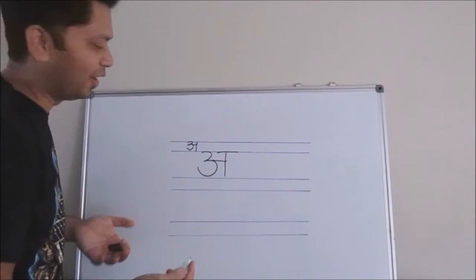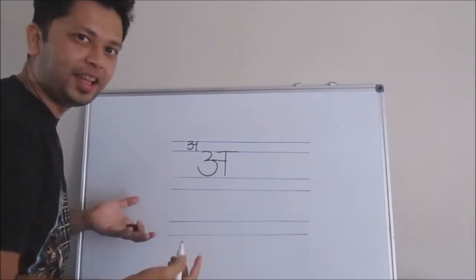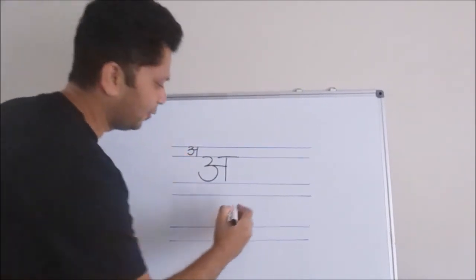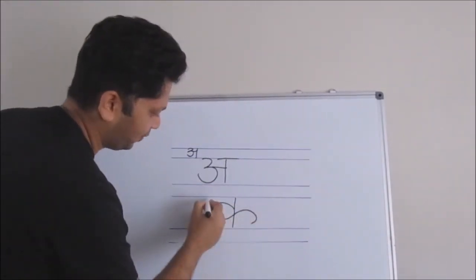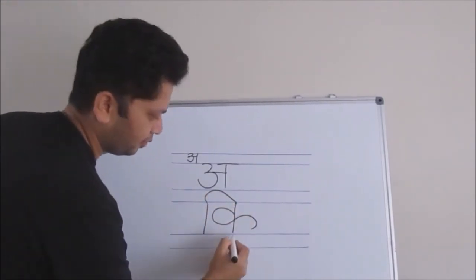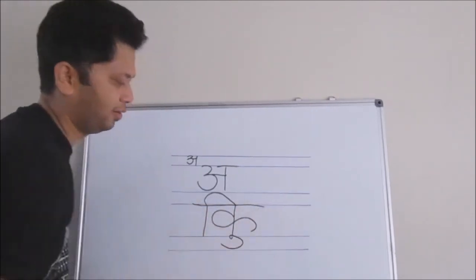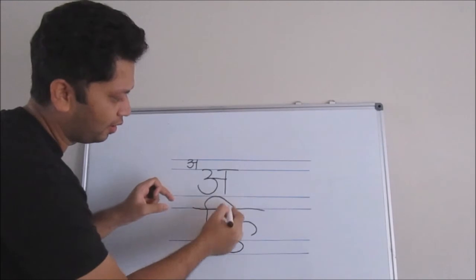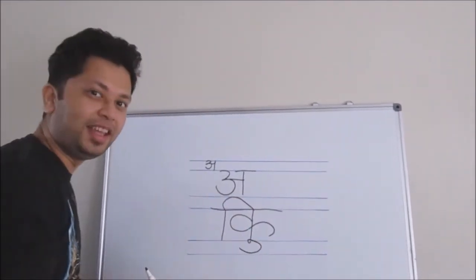But whatever method we followed, we had one thing in common, just like English: if we are using this pattern, then we can put all the matras using these two lines. That's not even a word, but I was just showing you. The matras can be used on the top two and the bottom two ones. So this was Hindi, guys.